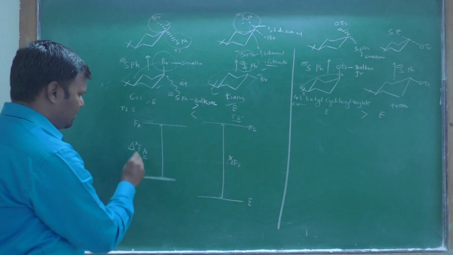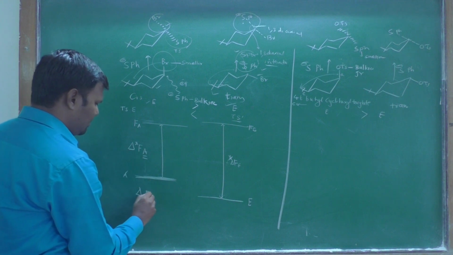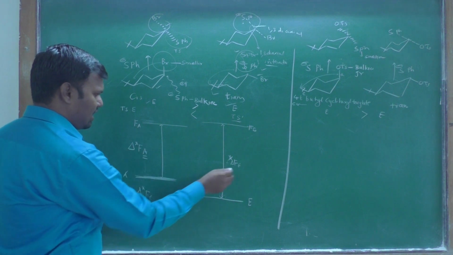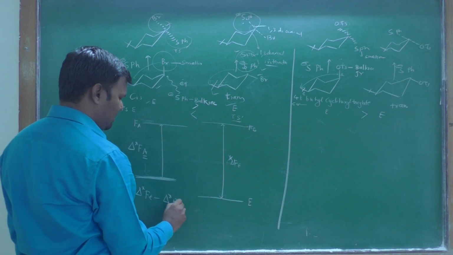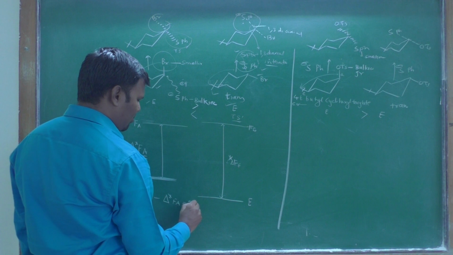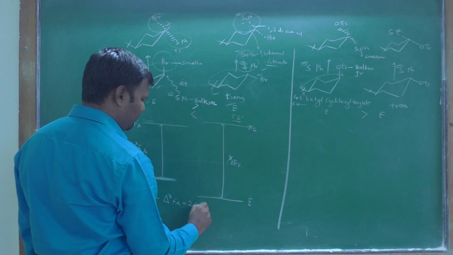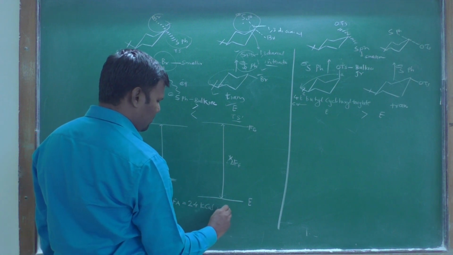When you find ΔF‡E minus ΔF‡A, this is higher energy, and the difference is roughly 24 kilocalories per mole in this case.